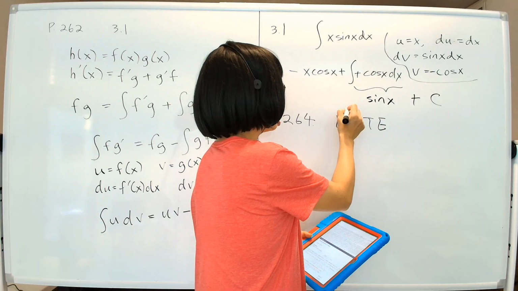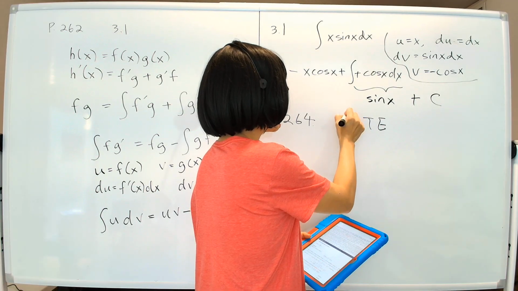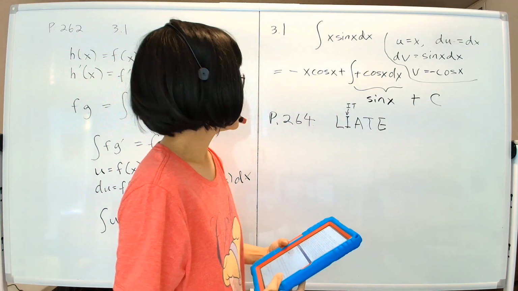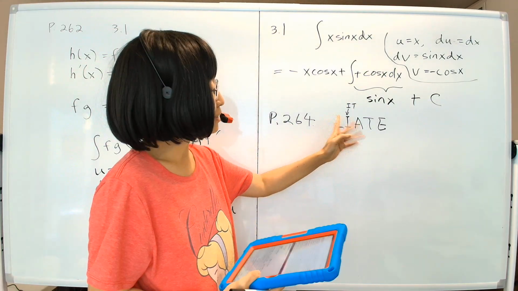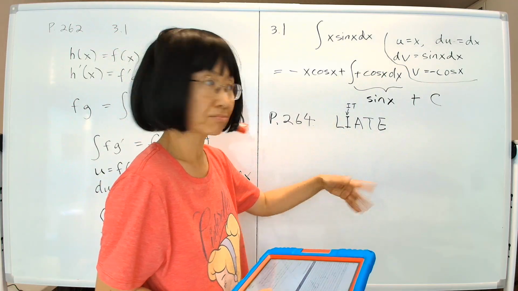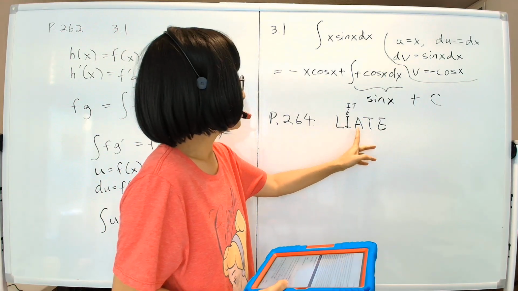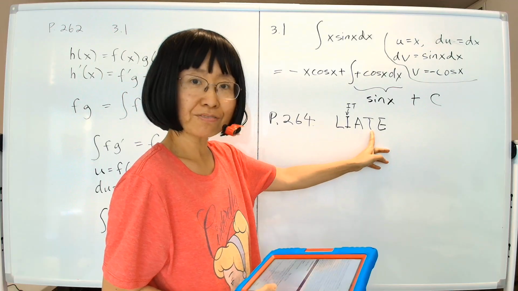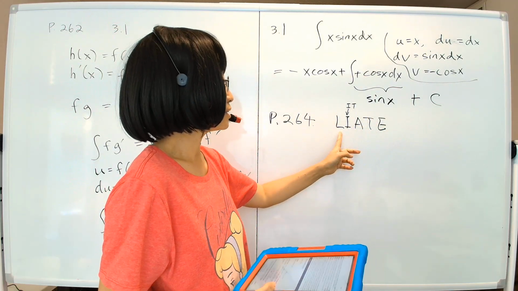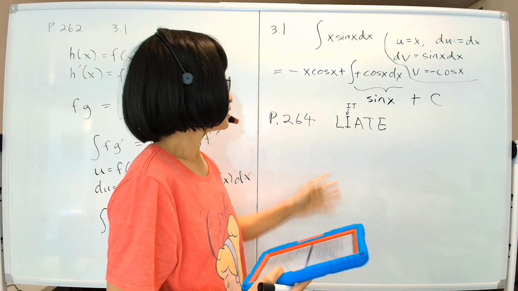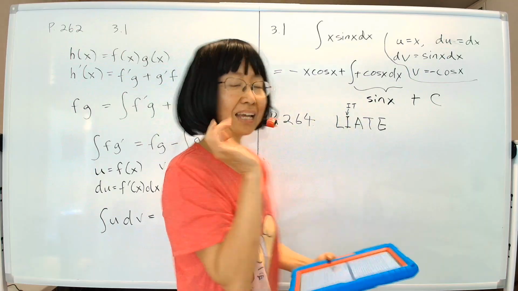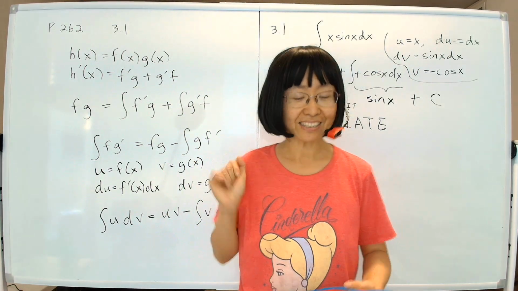Inverse trigonometric functions are not used that much, but algebraic functions just means any old thing like x squared. T is trigonometric functions, sine, cosine, etc., and E, of course, exponential functions. Notice the logarithmic functions stand first. So once you write that down, and when you do your homework, write that down, and then write this thing down, then you're good to go.